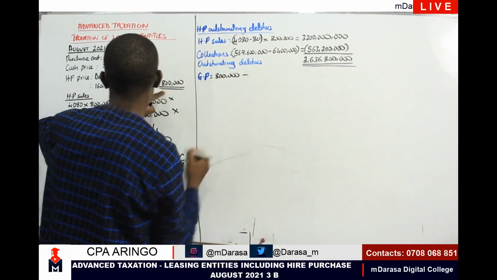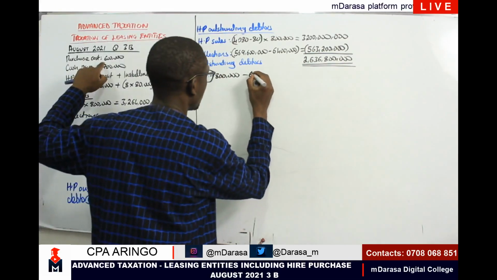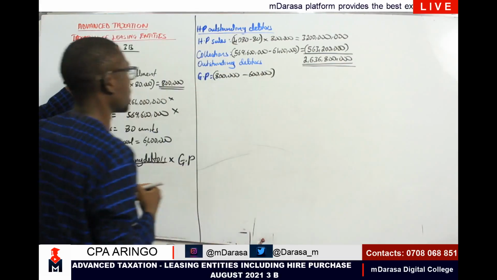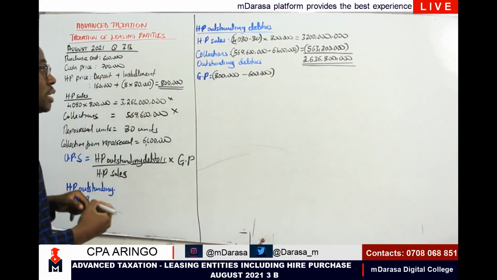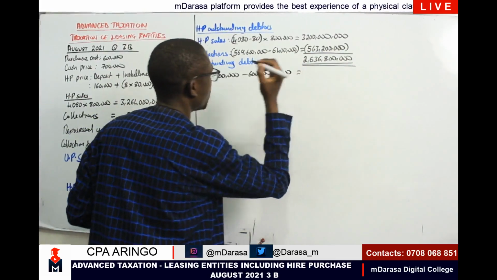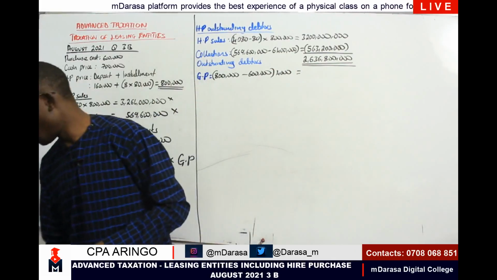The purchase cost, we had 600,000. Remember our analysis? 600,000. And the units that we are selling are 4,000 units.